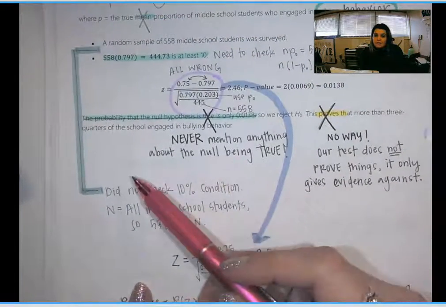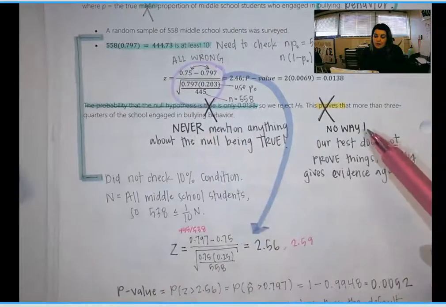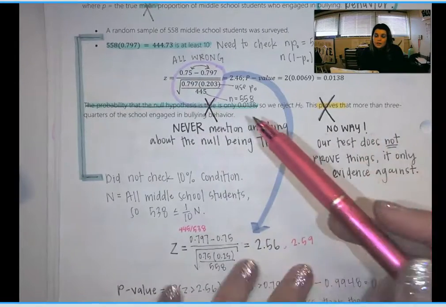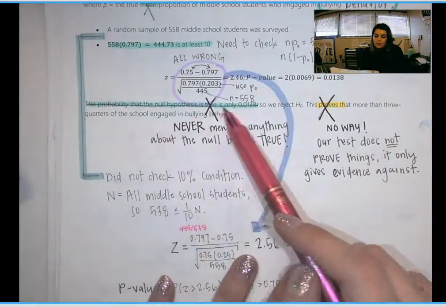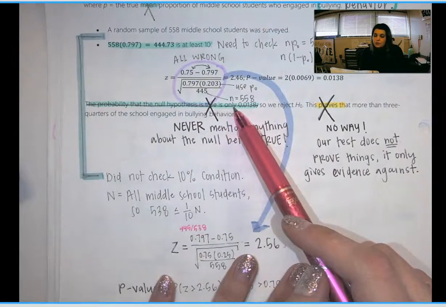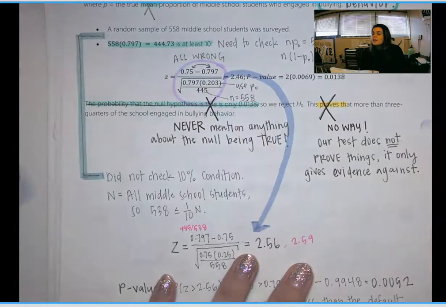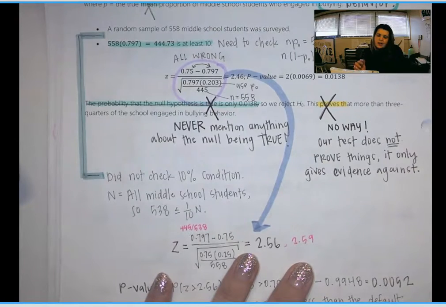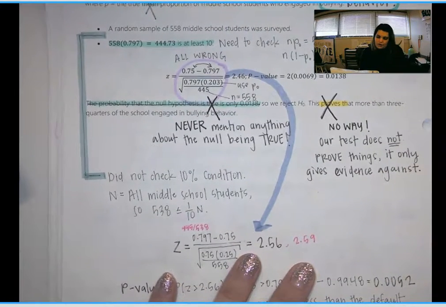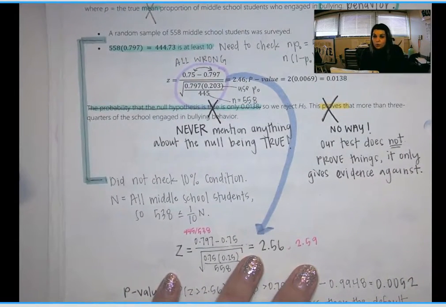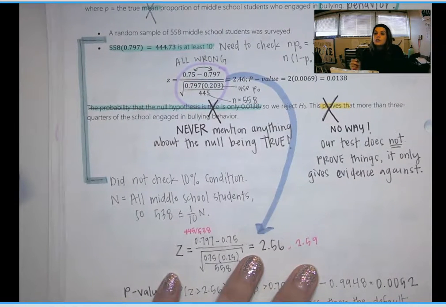Then our last thing is our conclusion, and there are some really important errors in here. So the probability that the null hypothesis is true, no way. We are never, ever, ever checking or showing or proving or testing if the null is true. What we're doing is testing if there's evidence against the null.